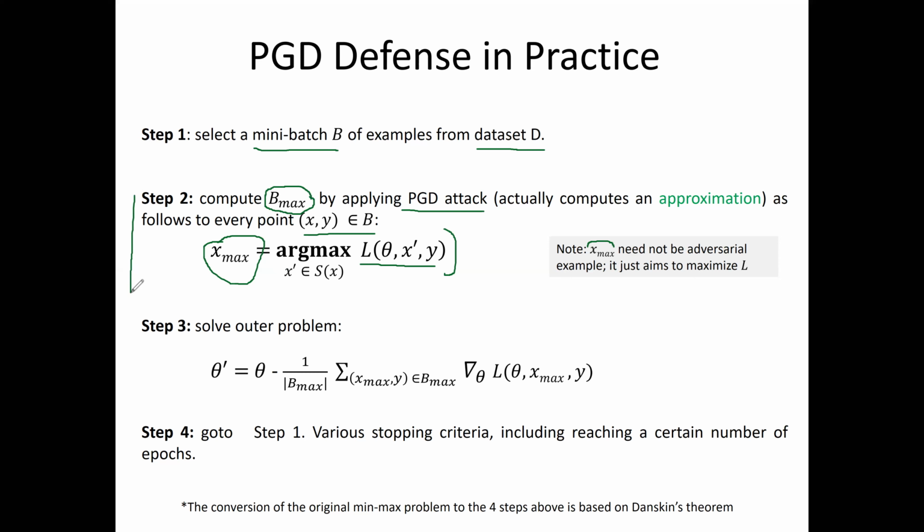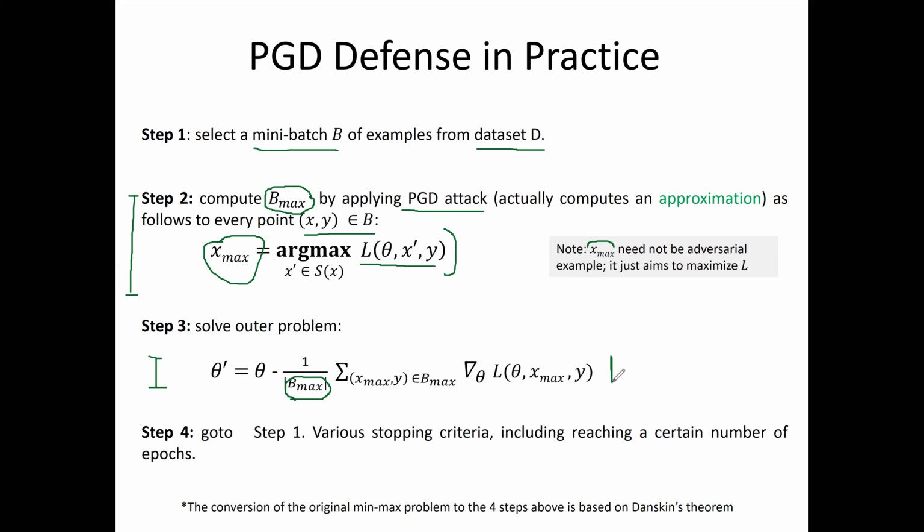We have computed some approximate solution to this problem, and we got rid of it. And now that we have the B max, we can just do the standard gradient step over here. This is the standard gradient step, except that this time we are working with the set B max instead of the set B. So this is the standard gradient step that we do in training.